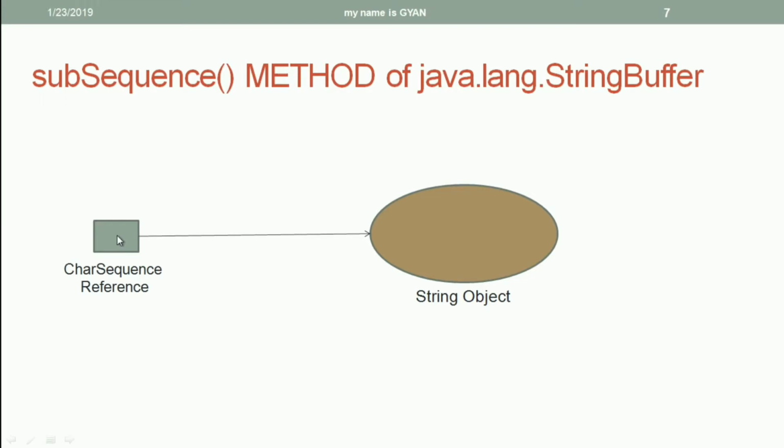So internally, it is the string object which stores the subsequence, the substring. The subsequence method returns the reference of type CharSequence. CharSequence is an interface which gets implemented by the classes string, StringBuffer and StringBuilder. So the reference of type string object gets typecasted into the CharSequence and returned by the subsequence method.